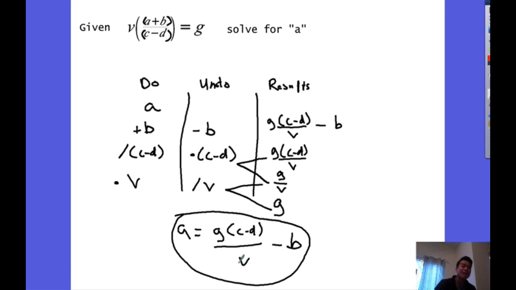Because the last thing that happened, technically speaking, was being multiplied by v, the first thing that happens to g is it gets divided by v. Because I am dealing with properties of multiplying fractions, dividing by c minus d basically gets multiplied by c minus d, which puts it into the numerator.